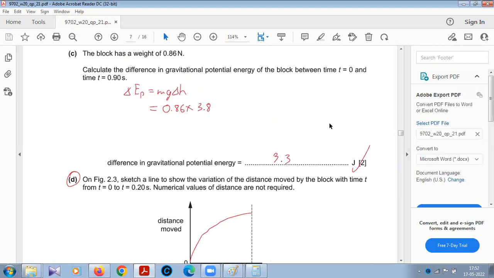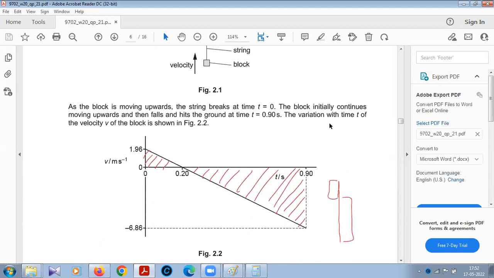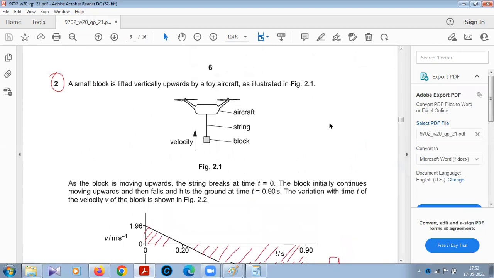So what is that? Some block is there. But then how will it be curved? In what direction will it be curved? Will it be curved down, or from above? Let me check. A small block is lifted vertically by a toy aircraft. So we have this kind of a toy.